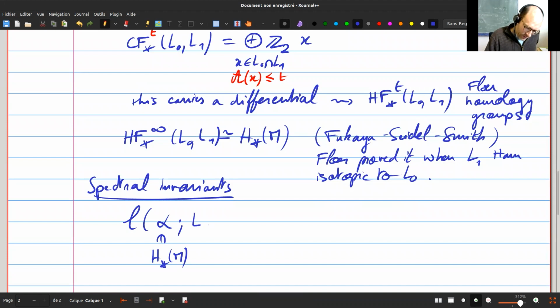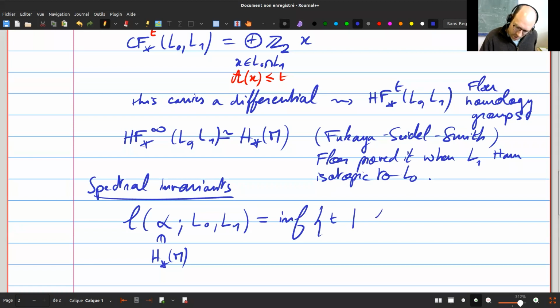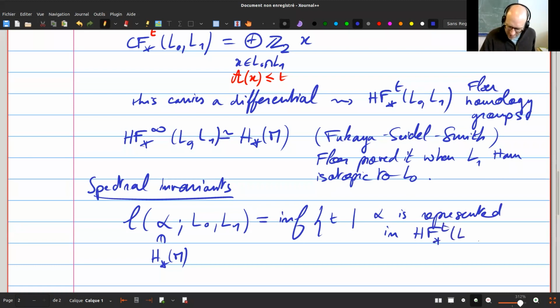And you define the number l of alpha, L0, L1 to be the infimum over all real numbers T such that alpha is represented in the subcomplex at level T. You know that when T is infinity, it will be represented because of the Fukaya-Seidel-Smith theorem.